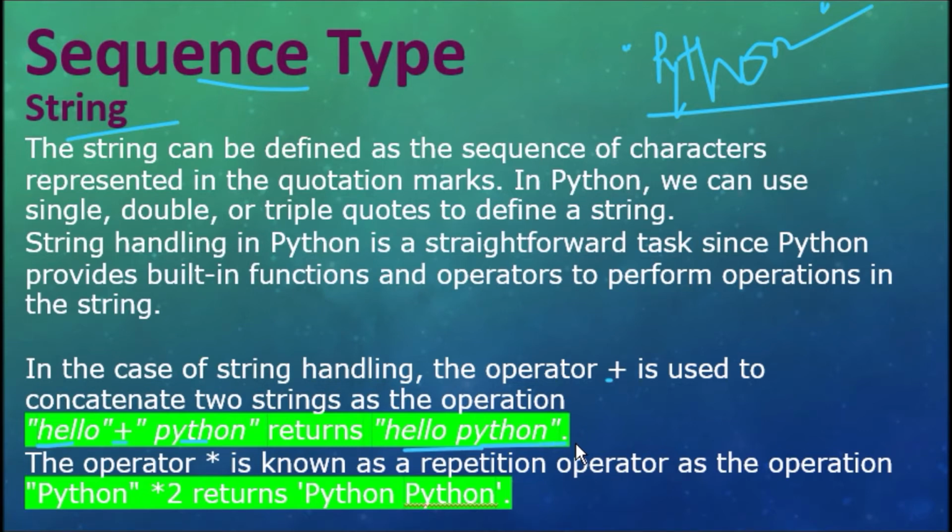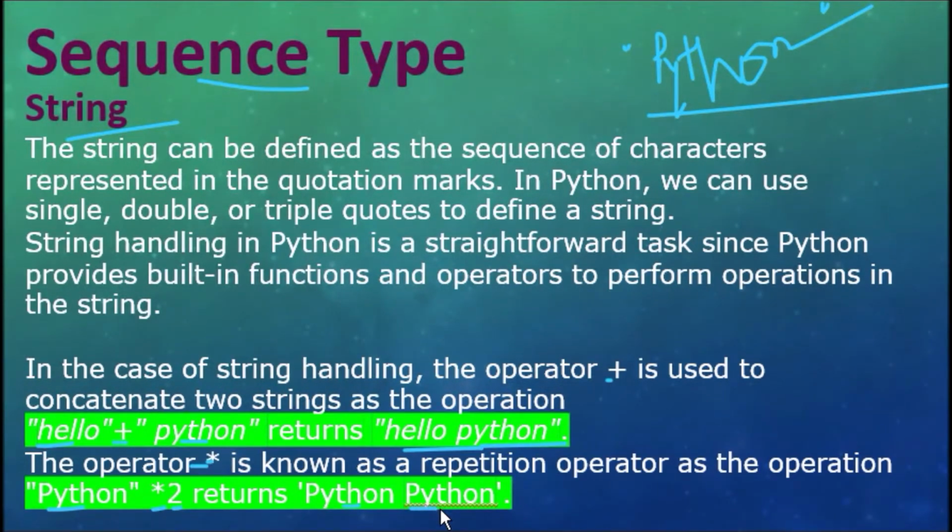Let's take another example. In the string data type, multiplication is known as the repetition operator, and it's used for repeating a string. For example, I write Python in double quotes, then the multiplication sign, then 2, and run the code. It returns Python two times.